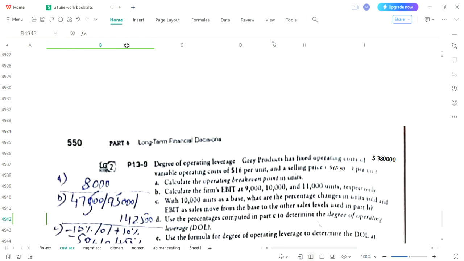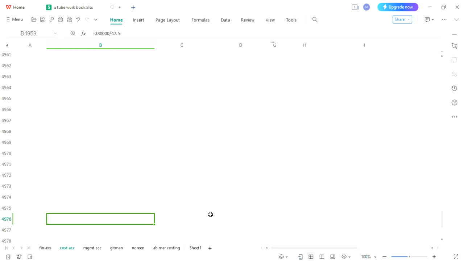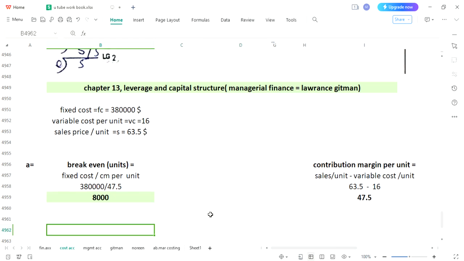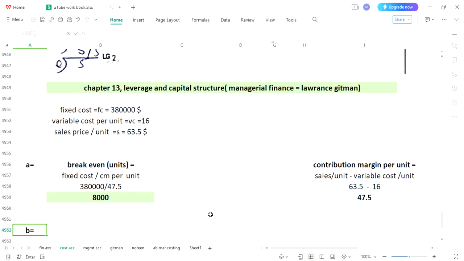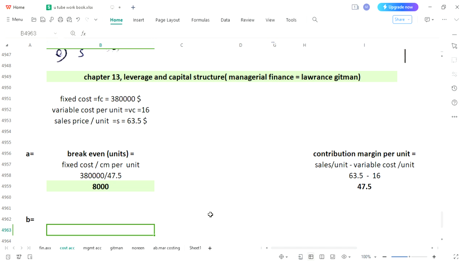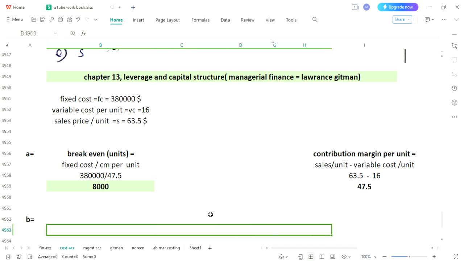Now we will see what requirement B is saying. Calculate firm's earning before interest and tax for different types of units respectively. It means we have to make 3 contribution margin format income statements. We are at point B. Over here we will be making a contribution margin format income statement.